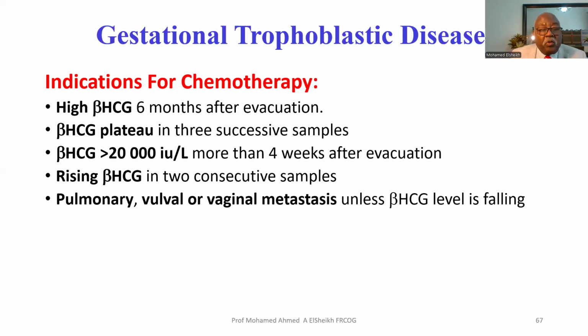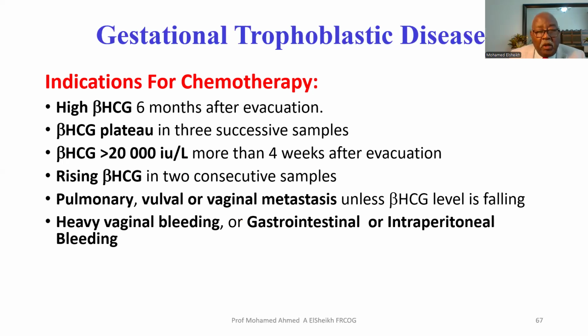If there is pulmonary, vulval, or vaginal metastasis, and you can see it usually as a small mass in the vagina or in the vulva. Heavy bleeding or gastrointestinal or intraperitoneal bleeding.